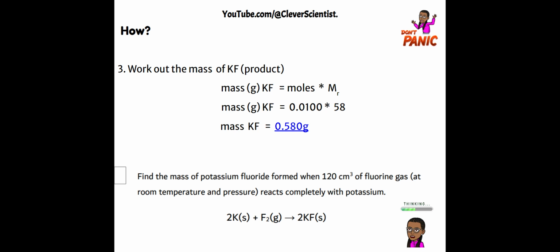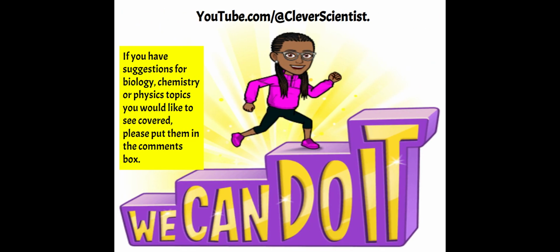And that gives us a mass of potassium fluoride of 0.580 grams. So, again, no panicking involved, just working through the simple steps, and voila, you arrive at the correct answer. You can do this, you've just got to take one step at a time.